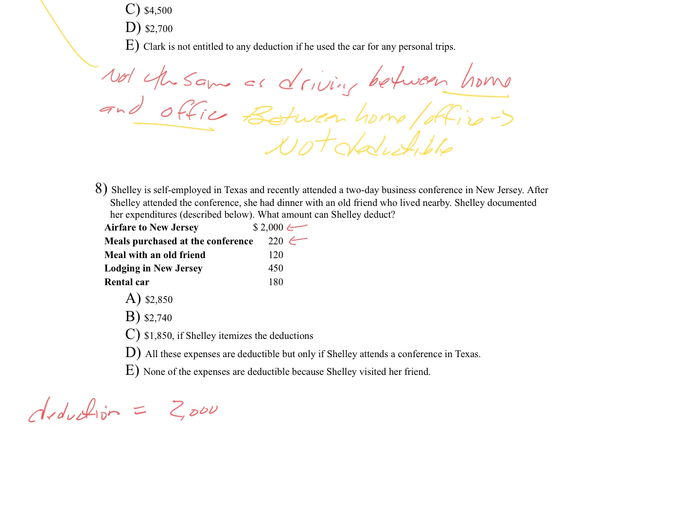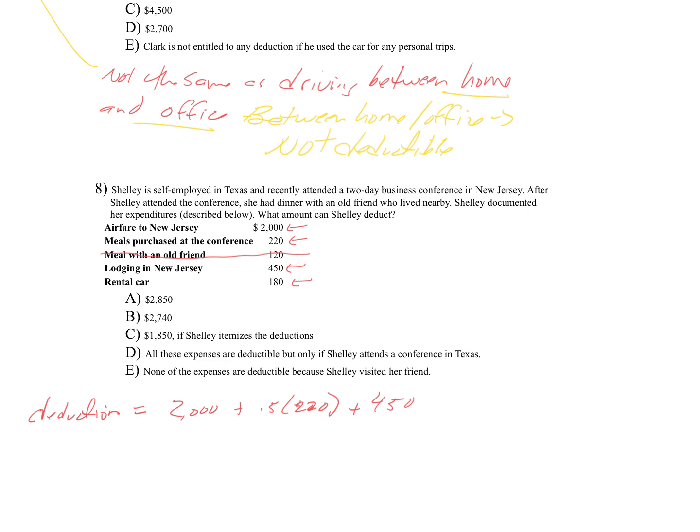Meals at the conference. Well, remember, meals are 50% deductible, so she can deduct 50% of those meals. Meal with an old friend: she does not get to deduct that. Lodging in New Jersey: yes, she can absolutely deduct her hotel or an Airbnb, what have you.